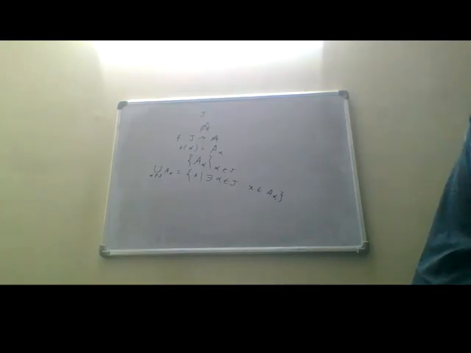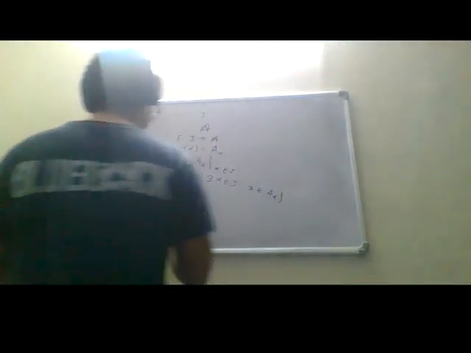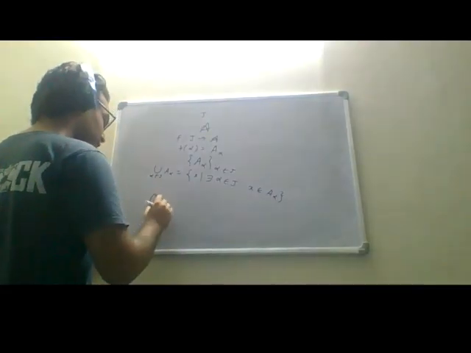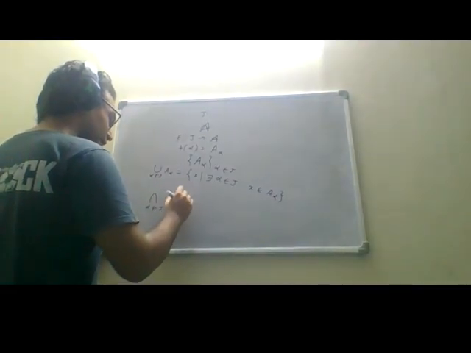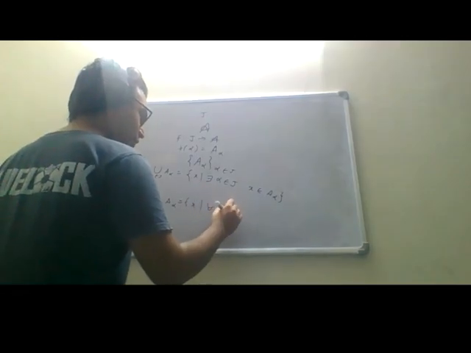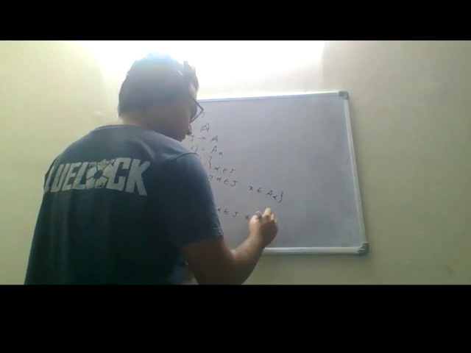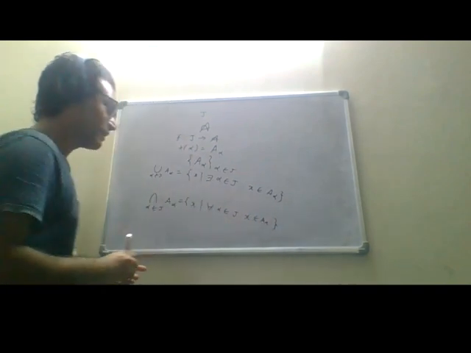And for the intersection over alpha belongs to J of A alpha, it is equal to the set of x such that for all alpha belonging to J, x belongs to A alpha.